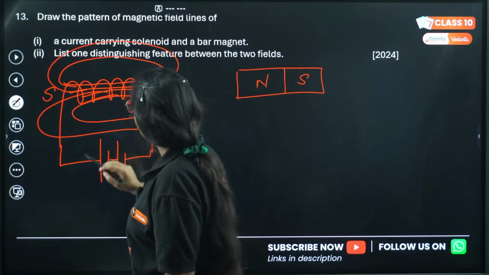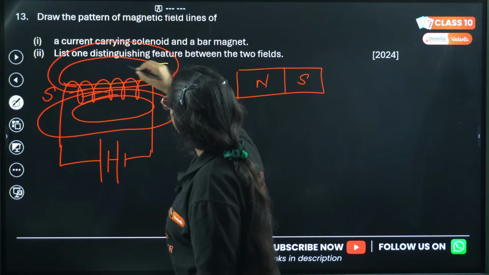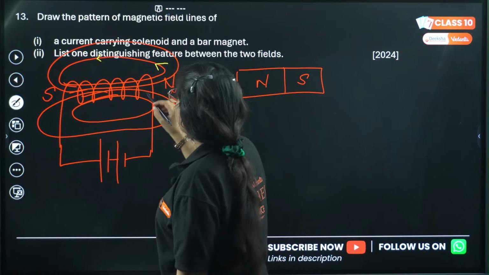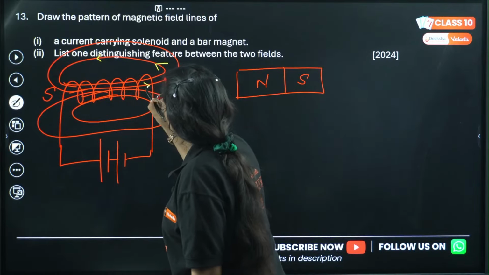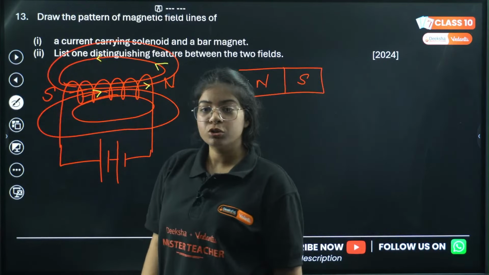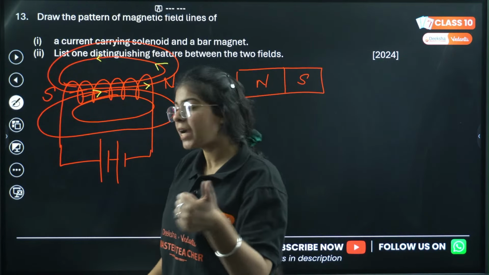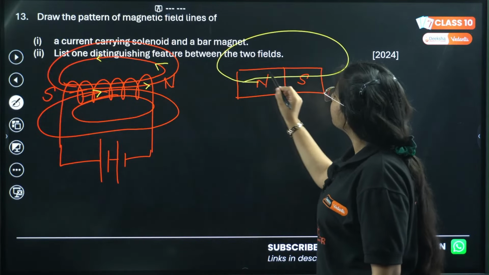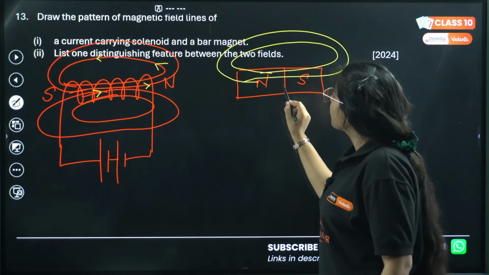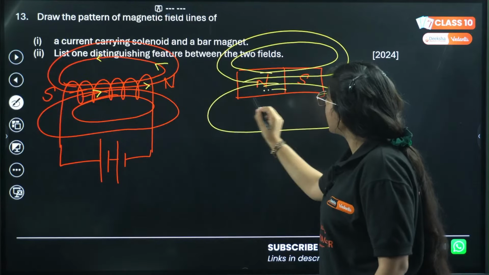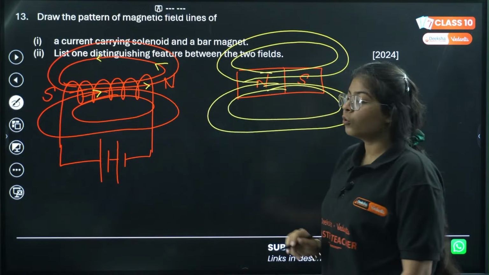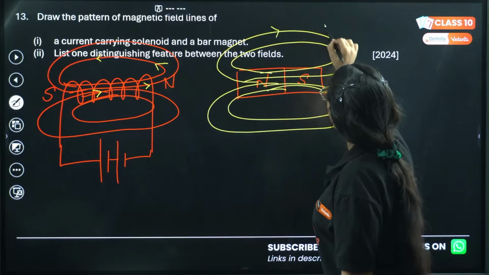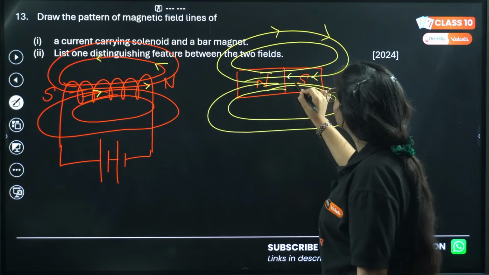What will be their direction? Outside north to south, inside south to north. Correct? Done. Same for bar magnet. The shape of magnetic field lines will be similar. Make sure that your magnetic field lines are closed, don't leave them open. Outside it will be north to south, inside will be south to north.